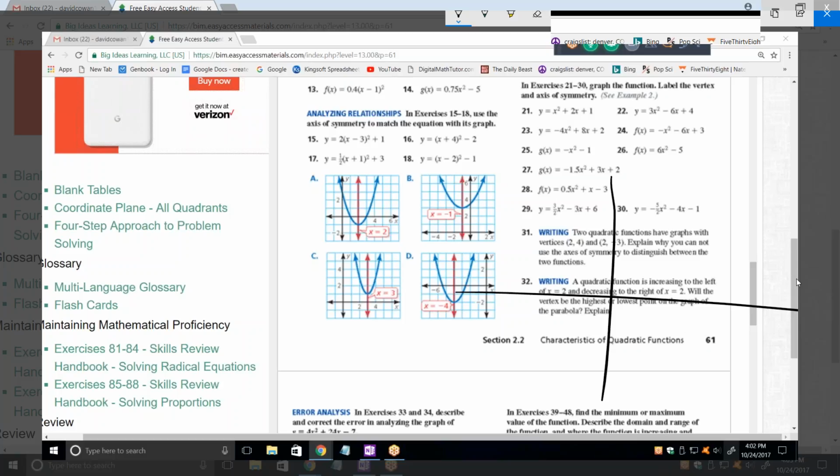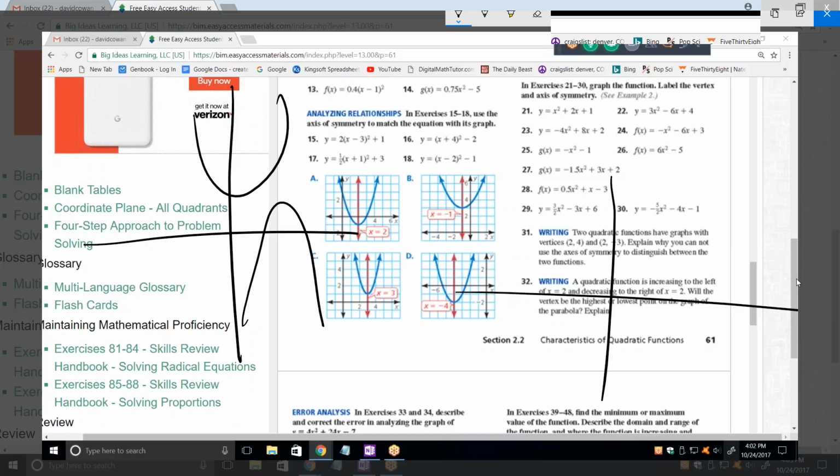Quadratics either look like this or like that. What would be the most important point of both of those? The vertex. Yeah, that point right there.